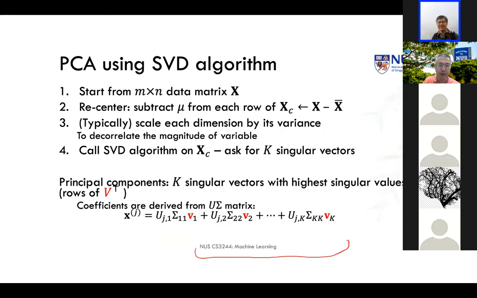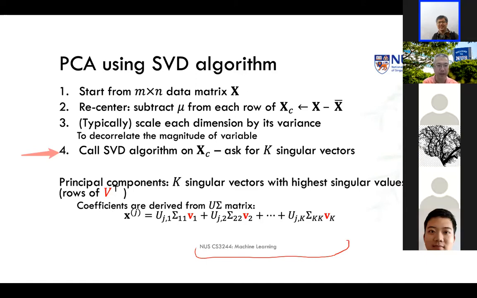Okay. Anyways, the important point that we want to think about is just basically using SVD as a black box. Okay. So once you have learned the SVD algorithm from linear algebra, it's basically used to accomplish principal component analysis. Okay. So the core part of the algorithm is just to call SVD, right, on the rescaled and centered data set, okay? And then ask for basically not to reconstruct the entire data set using all n dimensions, but use a subset, right?